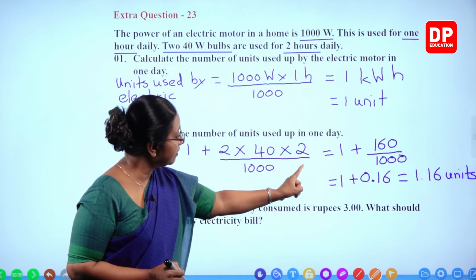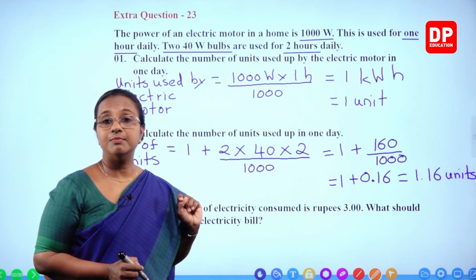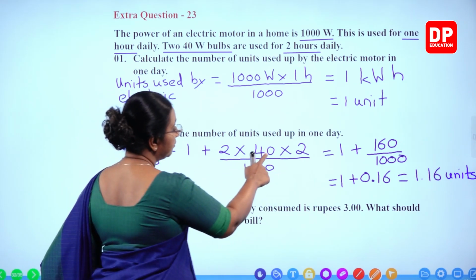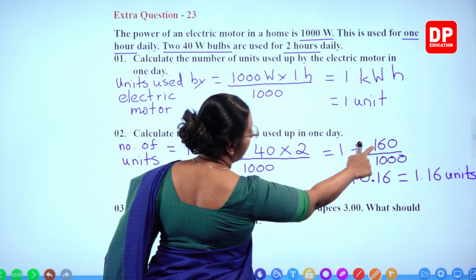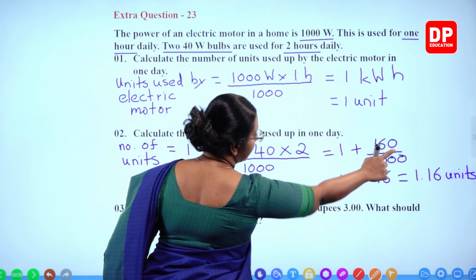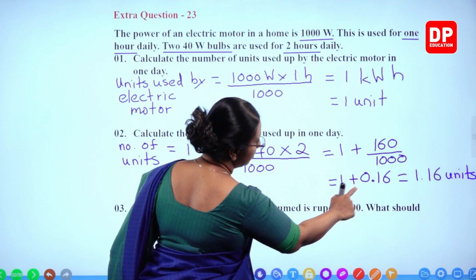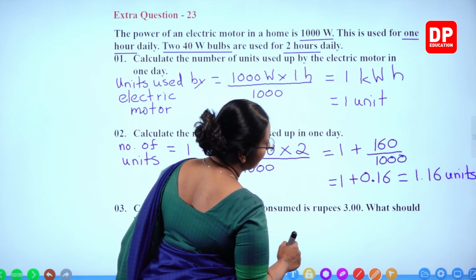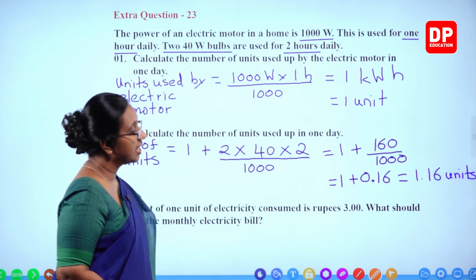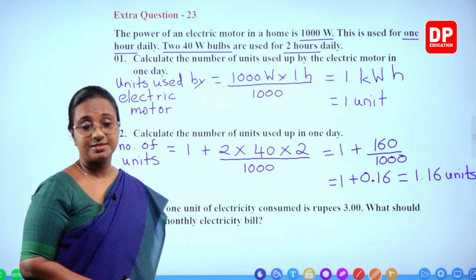In order to convert that to kilowatts, you need to divide by 1000. So 2 into 40, 80, 80 into 2, 160. So 1 plus 160 divided by 1000. If you divide 160 by 1000, you get 0.16. So the number of units is 1.16 units.